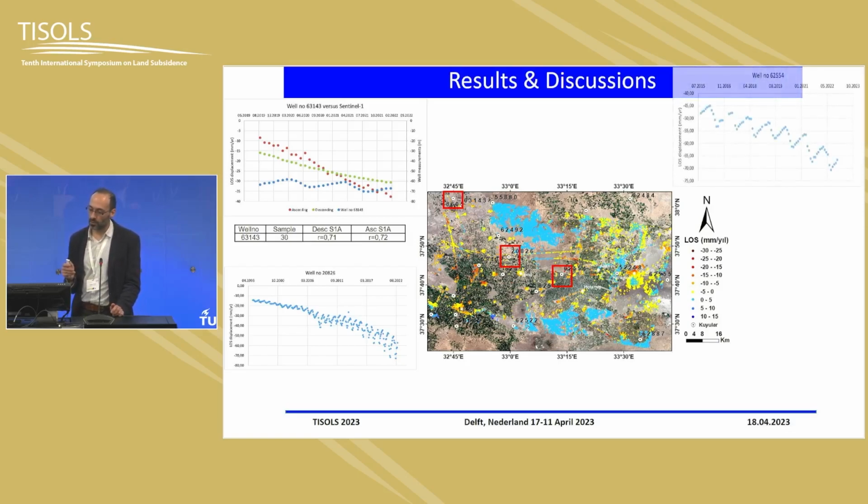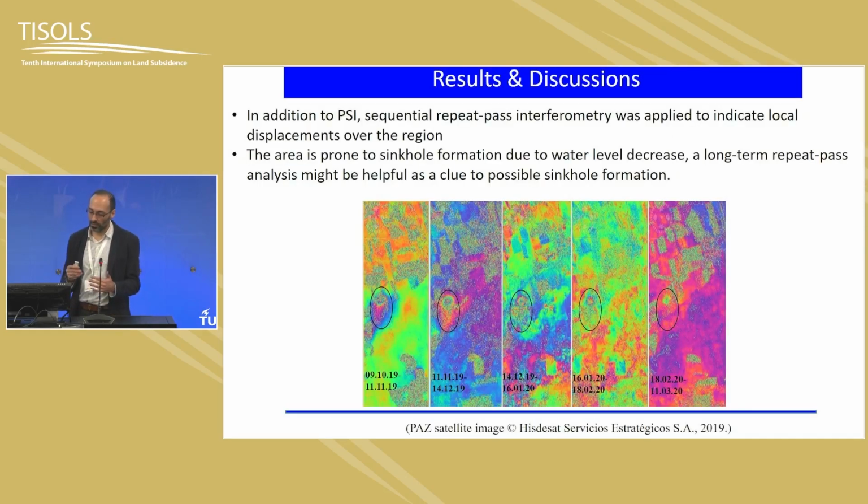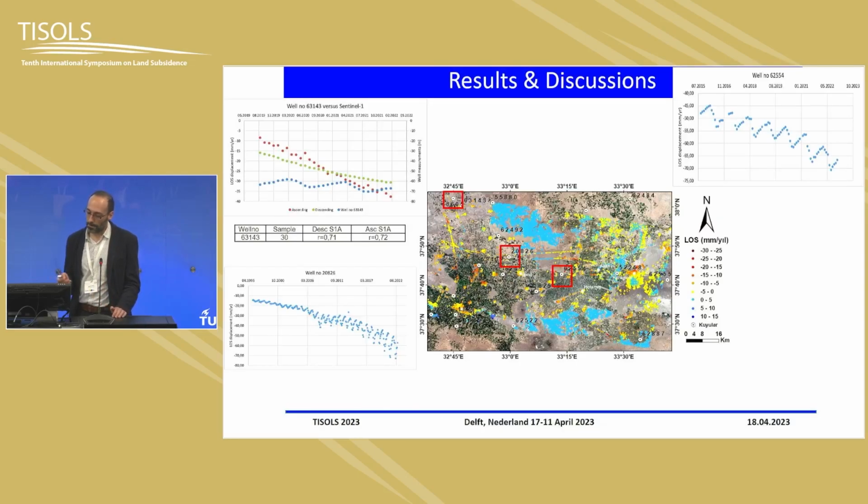For the rest, the results do not cover very well. But we can see they are showing a declining trend, the water level decreasing. Some of these wells provide quite long measurements, but some of them are quite limited.